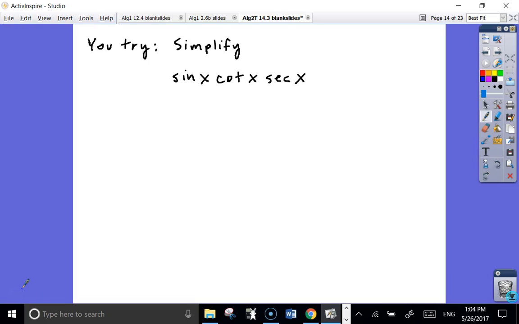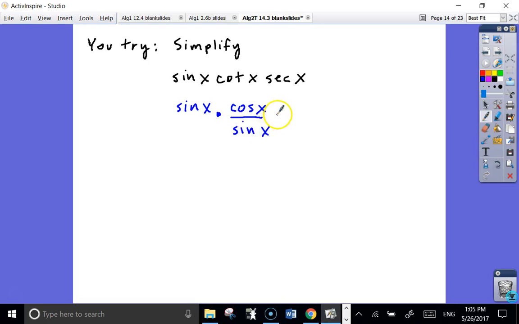So let's see. How could I turn these into sines and cosines? The first sine is going to stay like it is, obviously. How could I turn cotangent into sines and cosines? The tangent and cotangent identity says that's cosine divided by sine, right? That's by definition, basically.